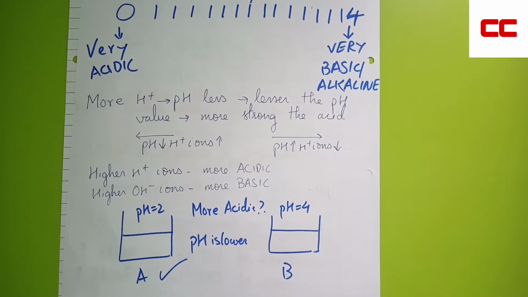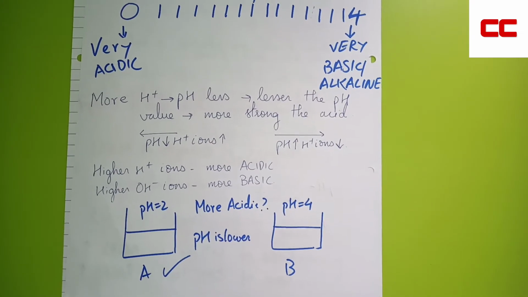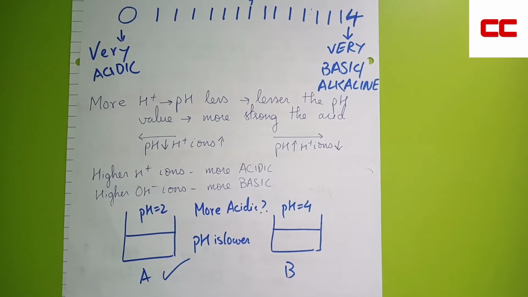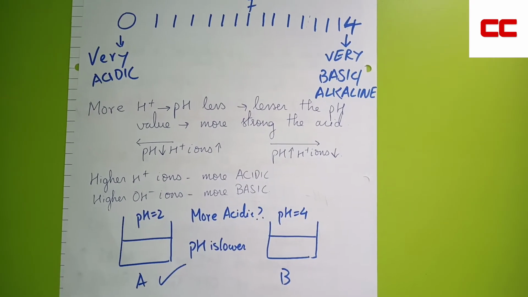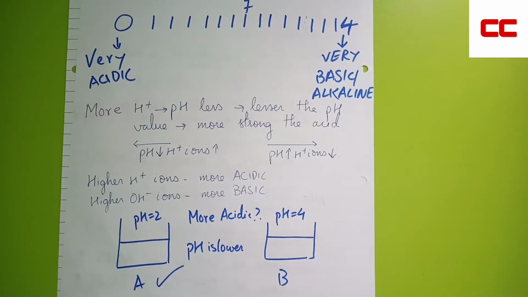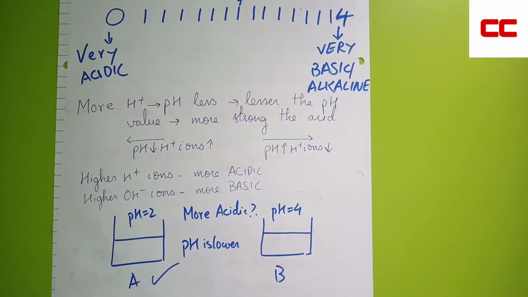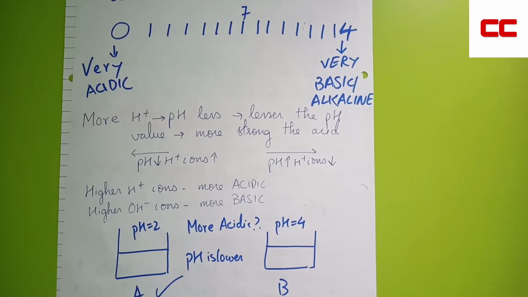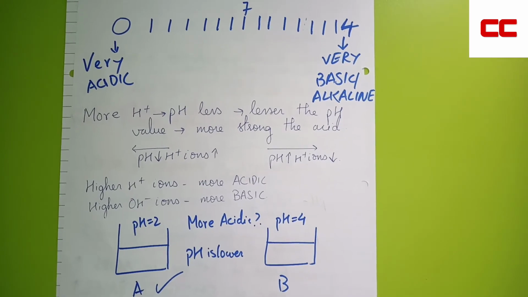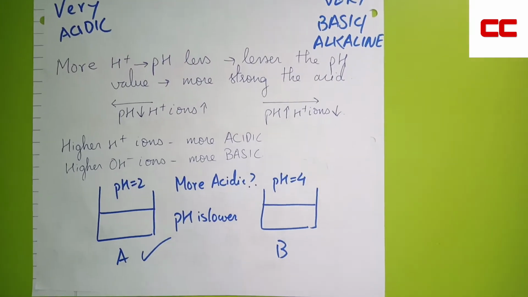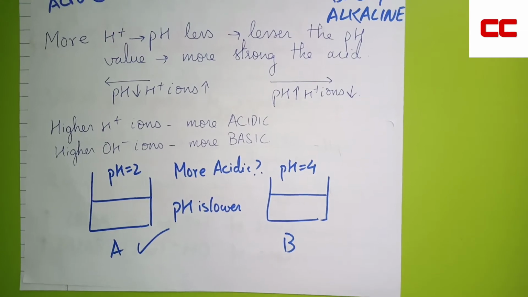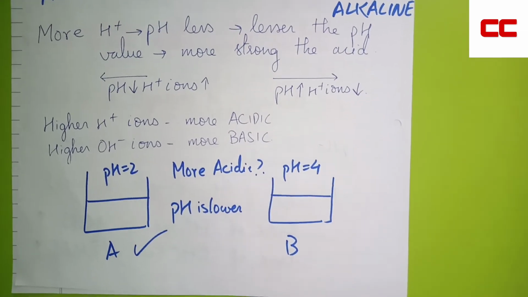The pH decreases, but H plus ion concentration increases. And going from middle to right, 7 to 14, the pH increases: 7, 8, 9, 10, 11, 12 to 14, but H plus ion concentration decreases.